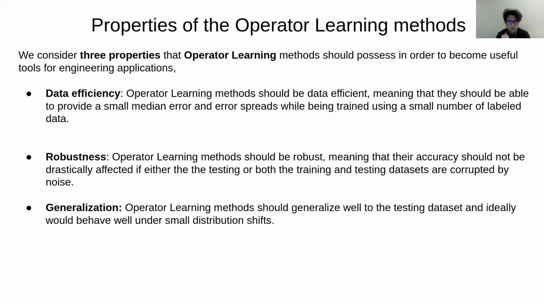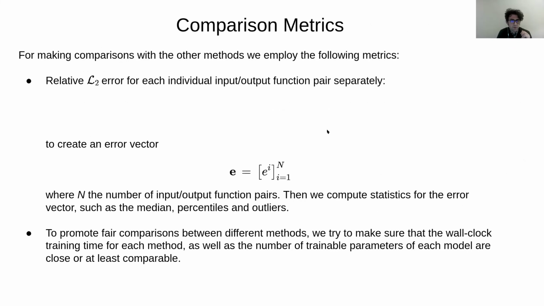The second is robustness, which means that when you input some noise in the testing or both training and testing dataset, your accuracy should not deteriorate a lot. The third property is generalization, which means that you would like to be able to have accurate predictions when you have some distribution shift, or the nature of the task changes in some way.